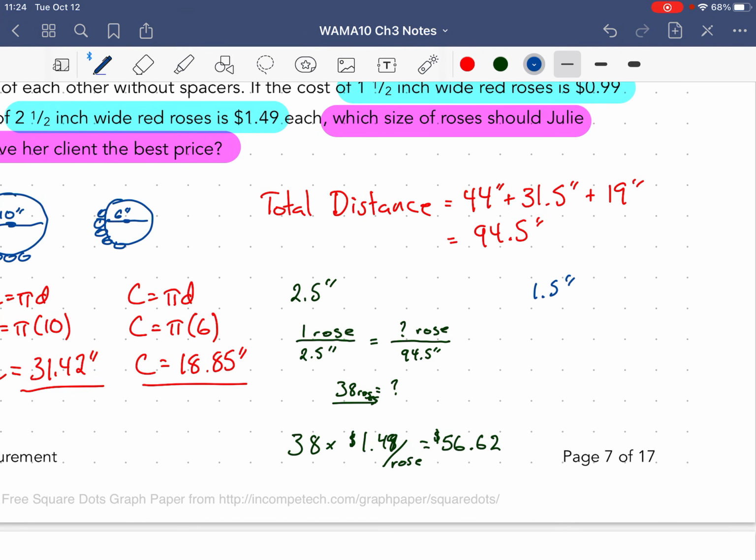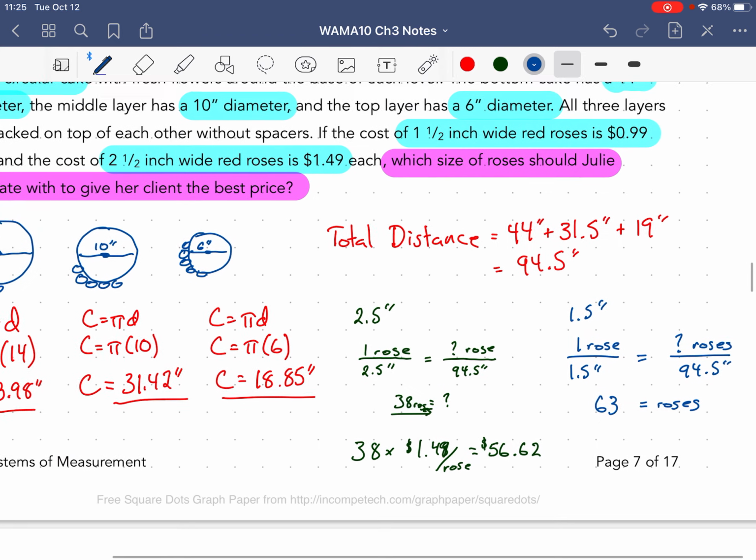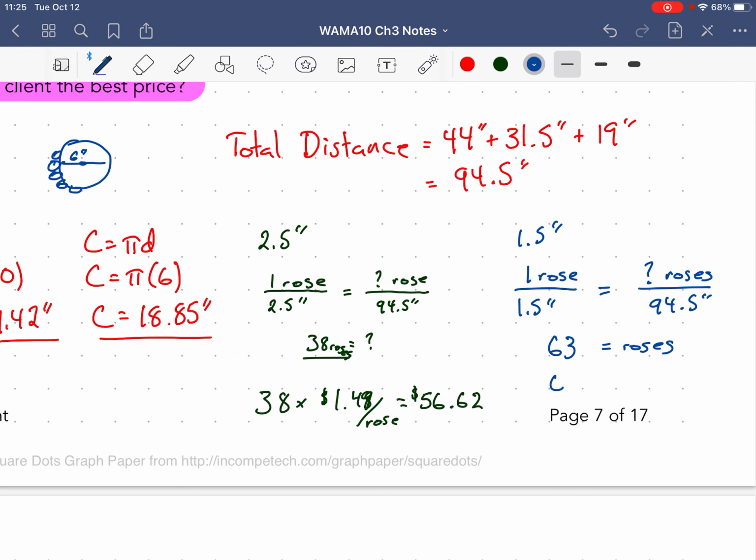Now we do the 1.5 inch roses. So one rose is 1.5 inches. So how many roses are there in 94.5 inches? So 94.5 times 1 divided by 1.5, 63 roses. And they are 99 cents each.